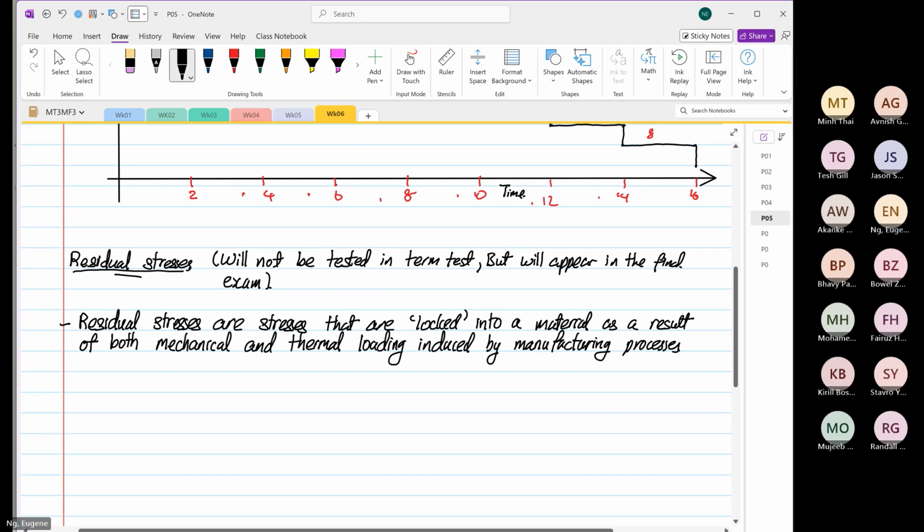Okay. So there are two types of residual stresses.